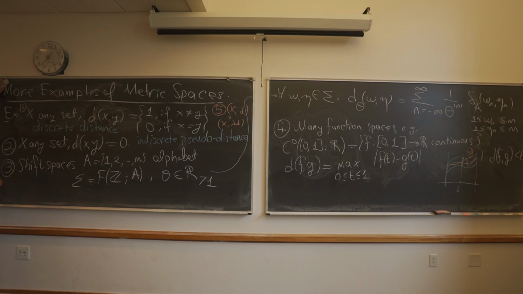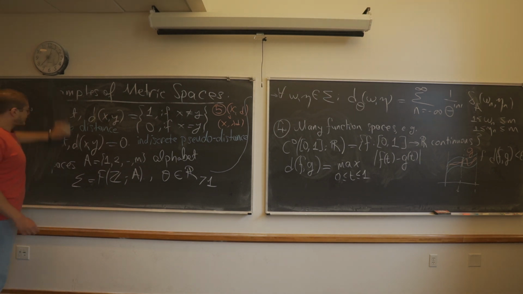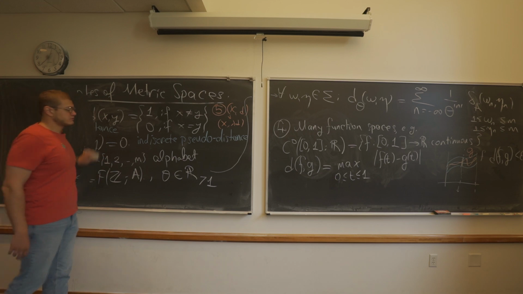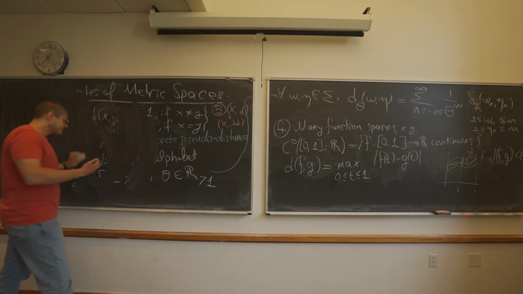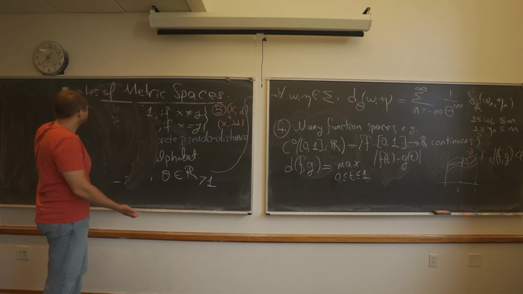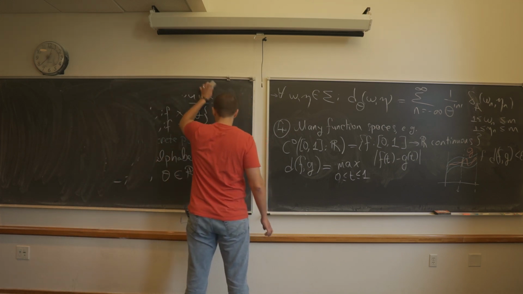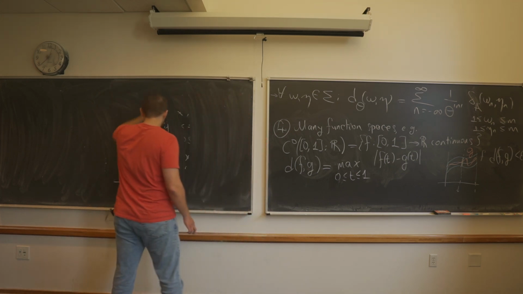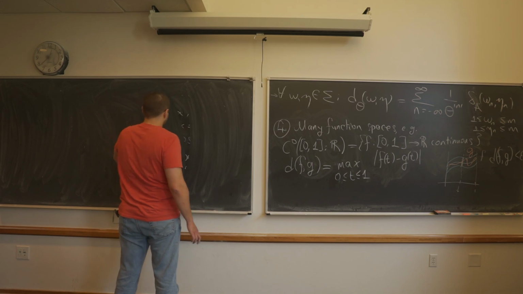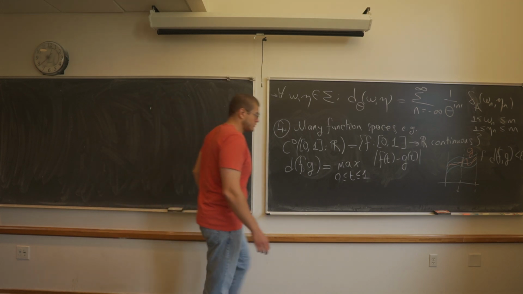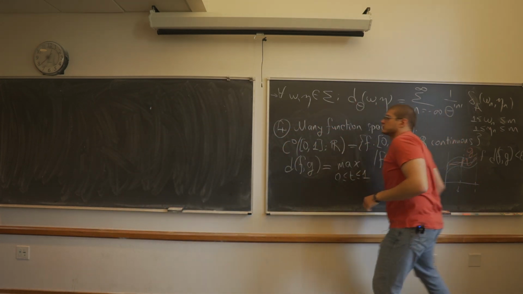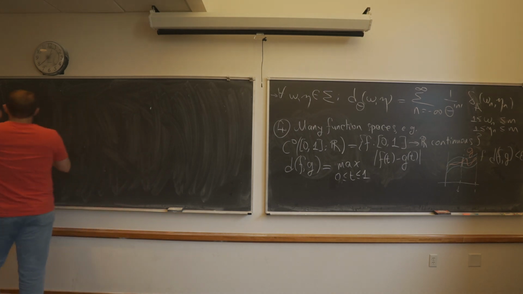Okay, so an important thing, of course, is this idea of a metric subspace. If I have a metric space, I can take a subset of it, and that subset too is a metric space in and of itself. Metric subspaces.